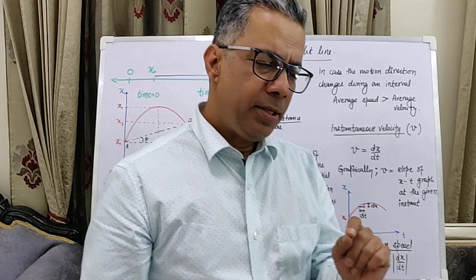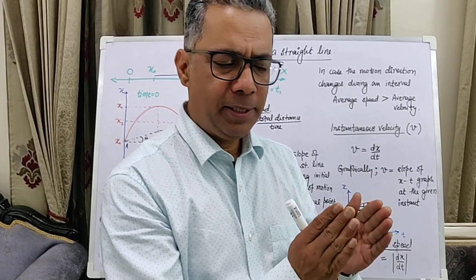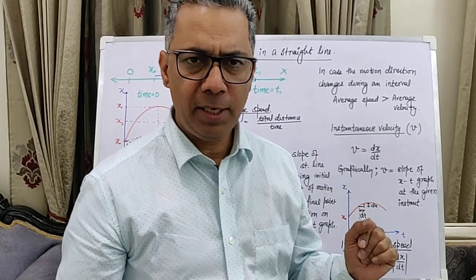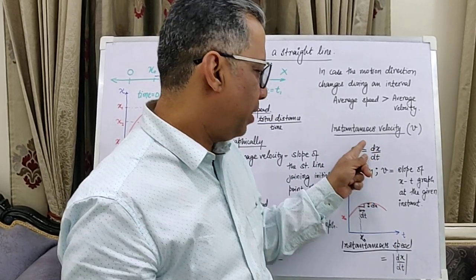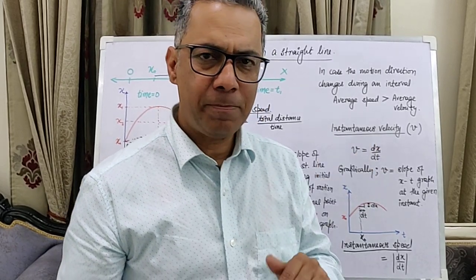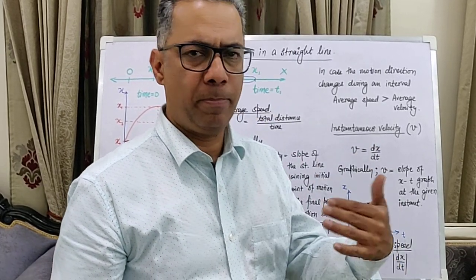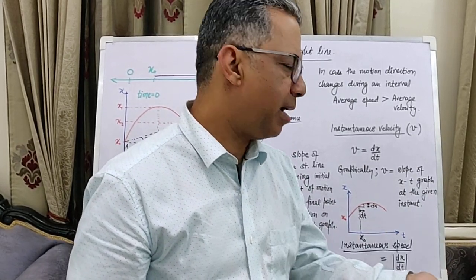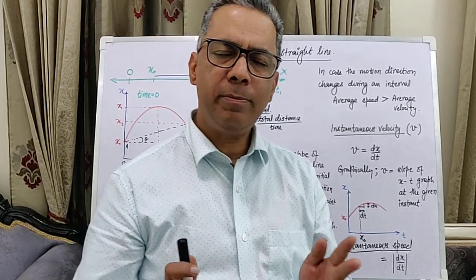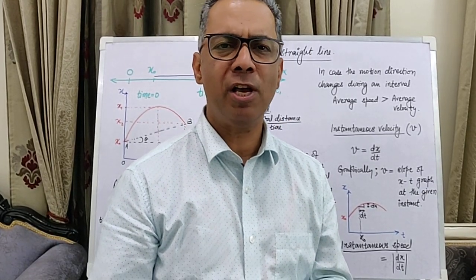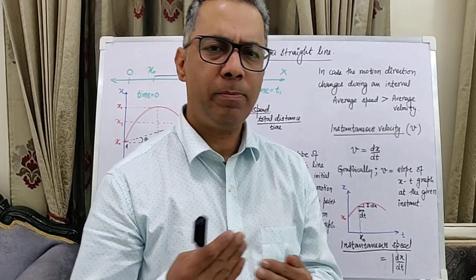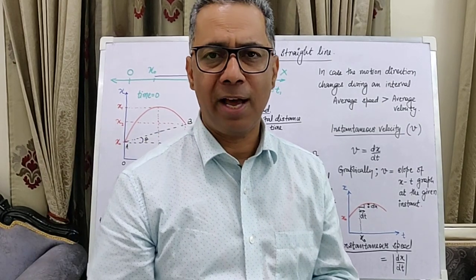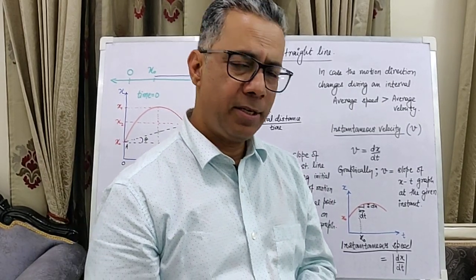Instantaneous speed will always have a magnitude equal to instantaneous velocity. The only difference will be that instantaneous velocity will always be expressed with a sign which will be positive or negative, indicating positive or negative x-axis direction of motion, whereas with speed there will be no sign, because when we express speed, we just express how fast an object is traveling without really bothering about the direction.